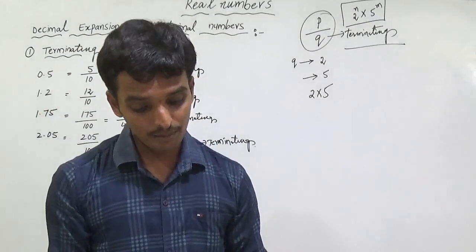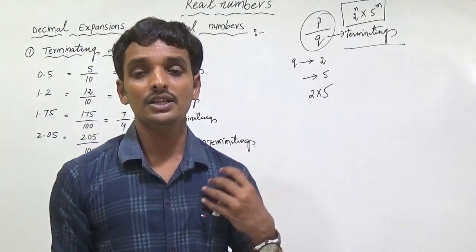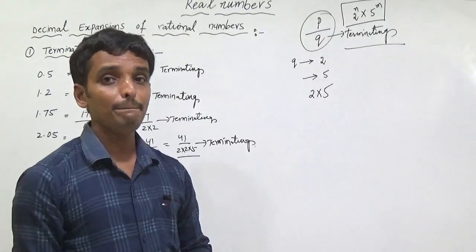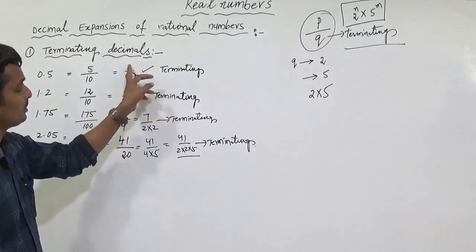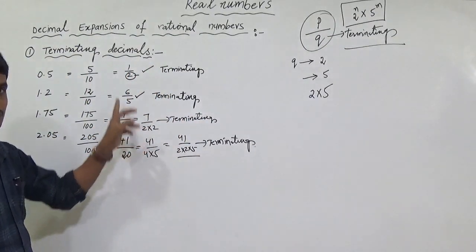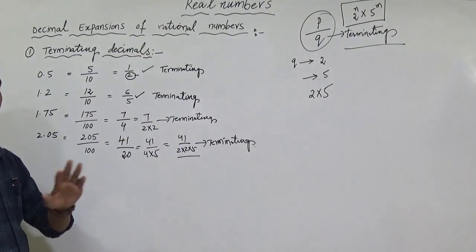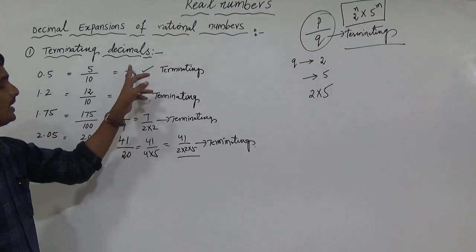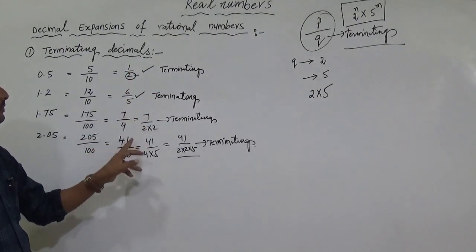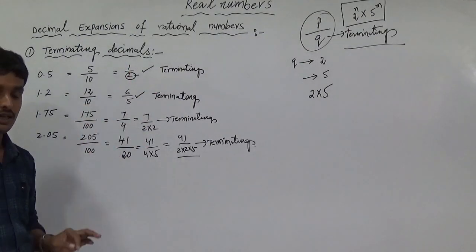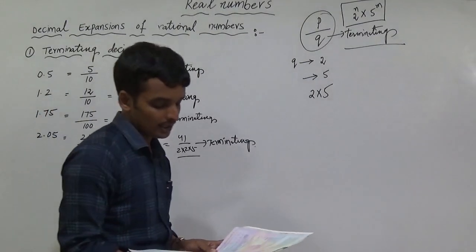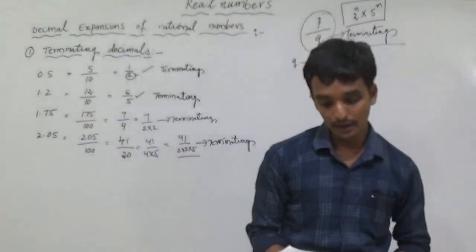If a rational number, not an integer, can be expressed in the form p by q, where p is the numerator, we do not consider the numerator, we just observe the denominator, whatever the numerator, 1, 6, 7, 41. The denominator is in the form of 2 power n into 5 power m, where p belongs to Z.